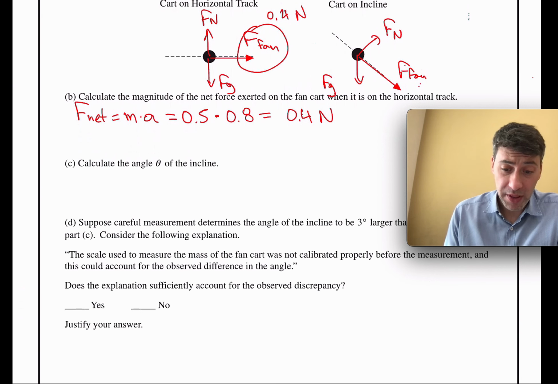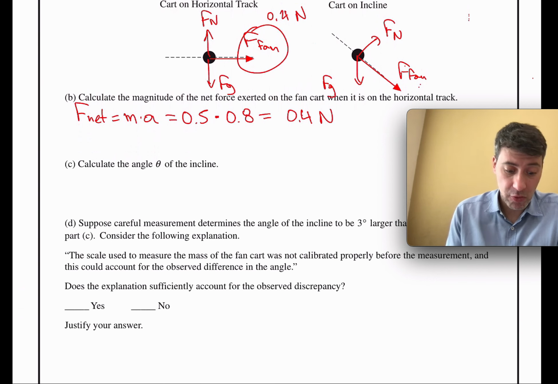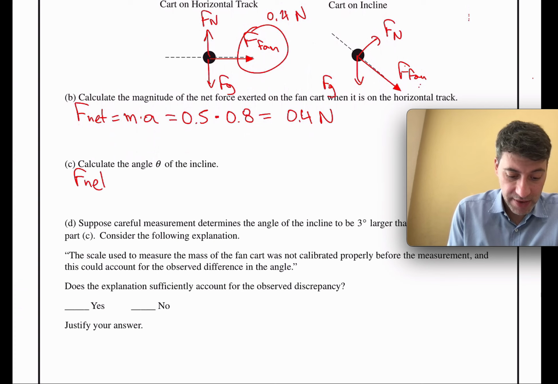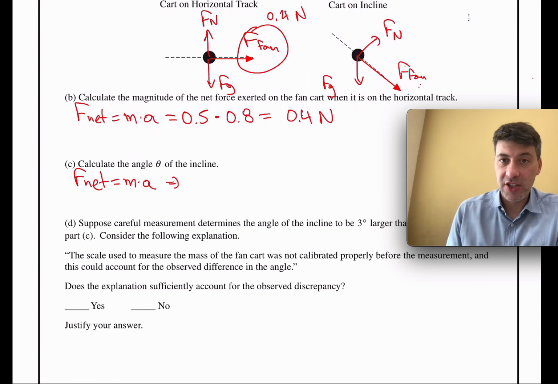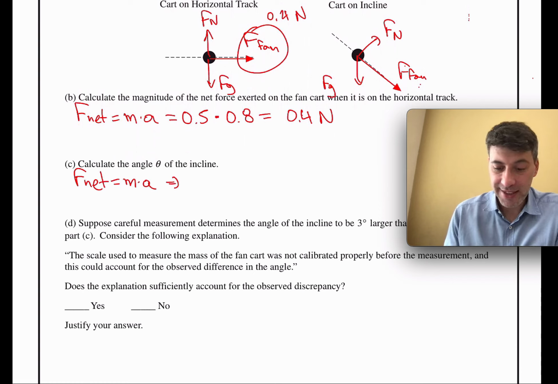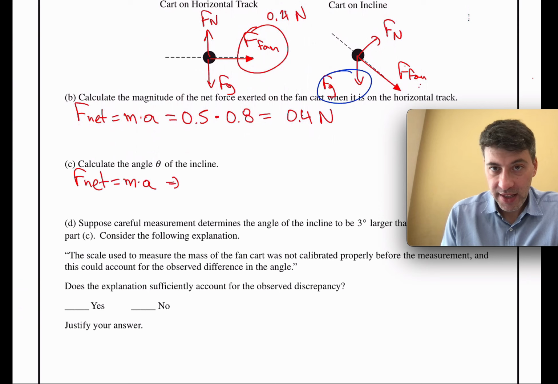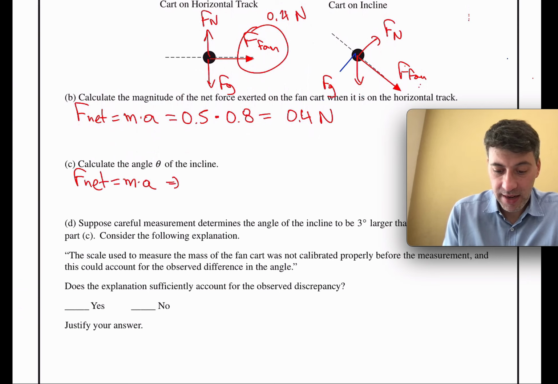Later we need to find the inclined plane angle. For this we will work on the inclined plane, where again we will apply the same law, F net is equal to mass times acceleration. Now we have to be a little bit careful. For the purposes of the diagram, I will draw this on the dot, but you'll have to remove it from your answers as you are writing on the answer sheet. This force of gravity has two components, a vertical that we call Fgy and a horizontal that we'll call Fgx.